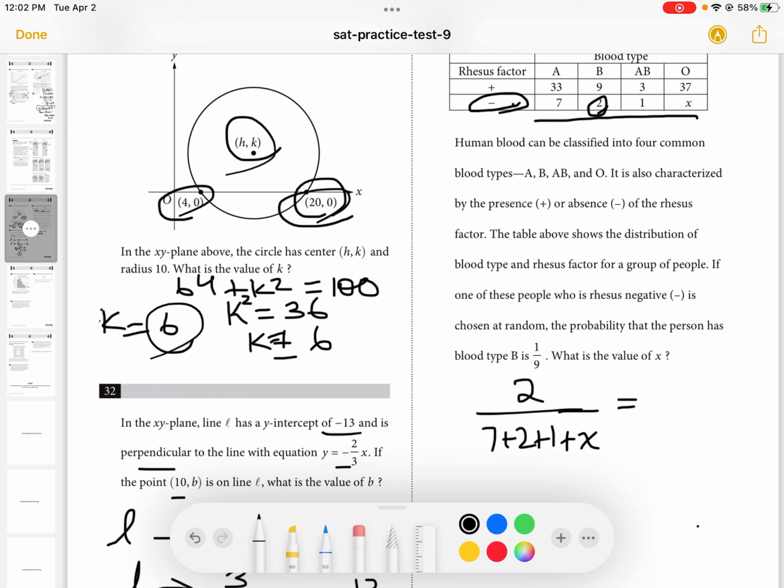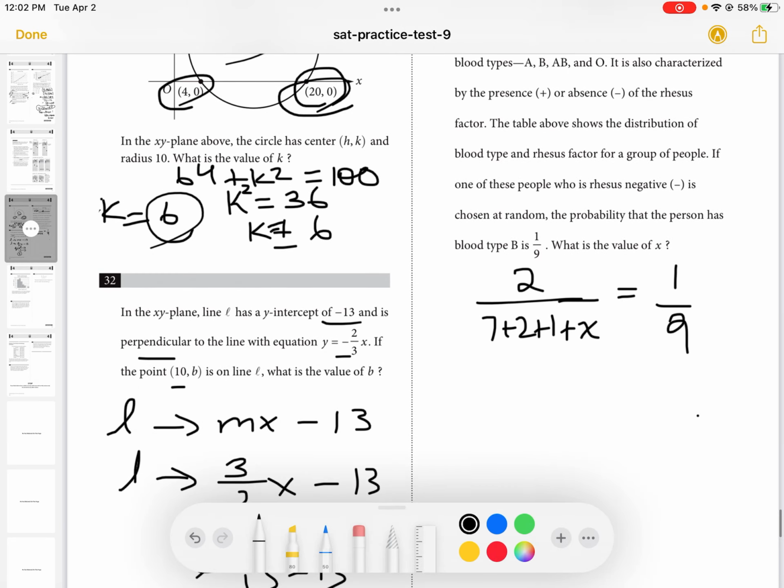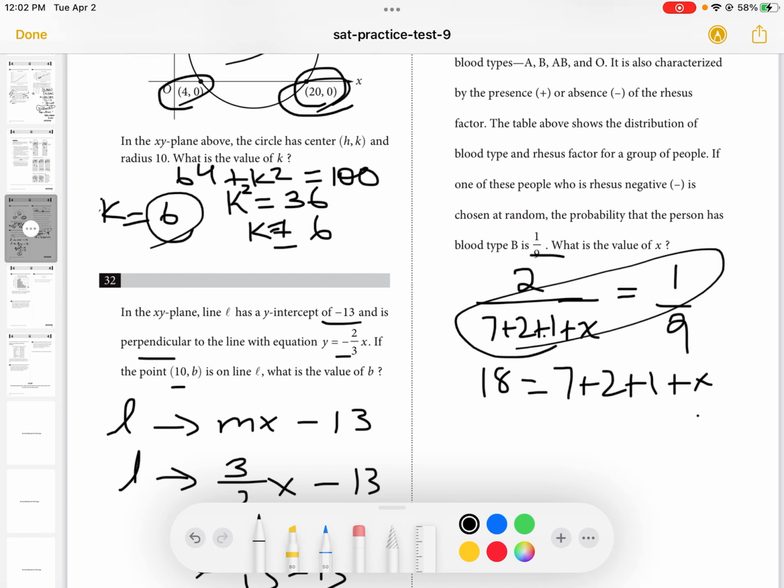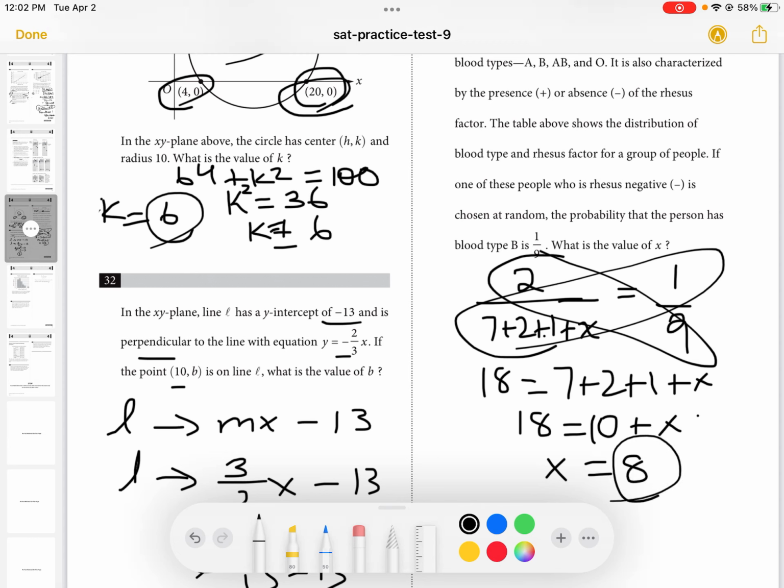So 2 over 7 plus 2 plus 1 plus X is equal to 1/9. Right? So 18 is equal to 7 plus 2 plus 1 plus X once you cross multiply. 18 is equal to 10 plus X. So X is equal to 8. That's our final answer.